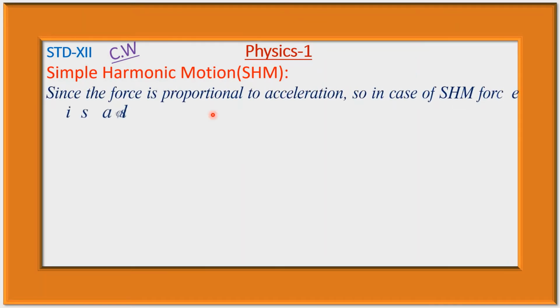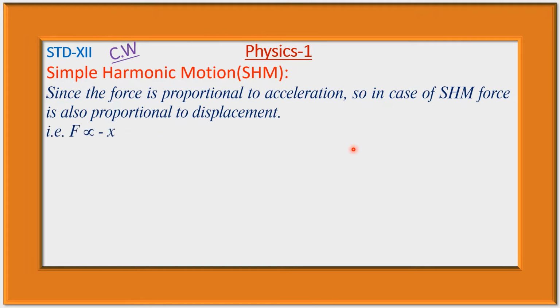Since the force is proportional to acceleration, in case of simple harmonic motion, force is also proportional to displacement. That is, F is proportional to minus x, or F is equal to minus kx.